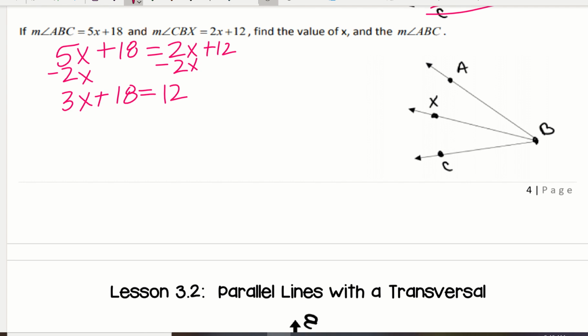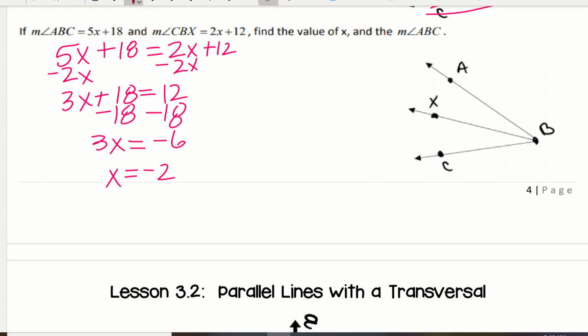All right. Lee, what's my next step? Subtract the 18. So I get 3x equals -6. Okay, and anybody, what did you get for x? -2.